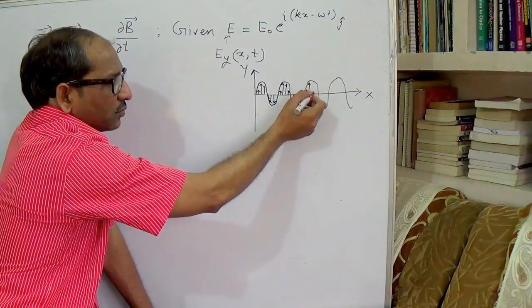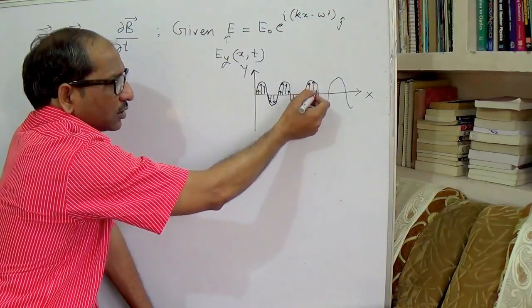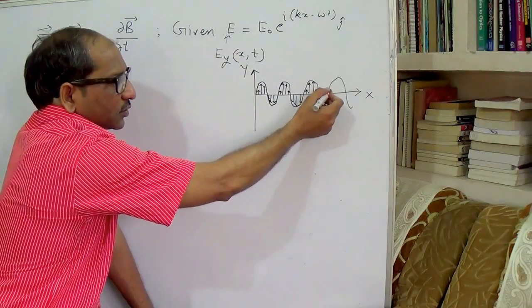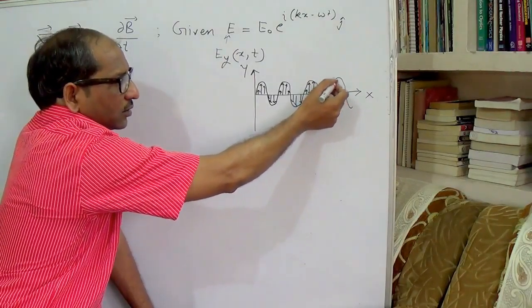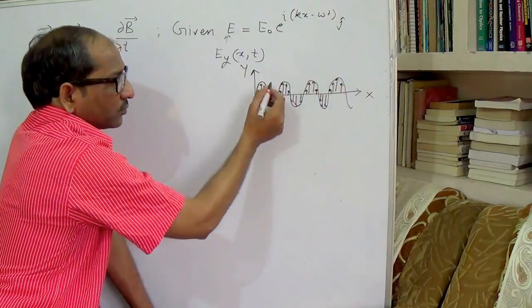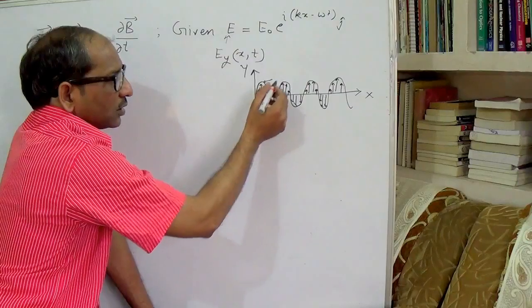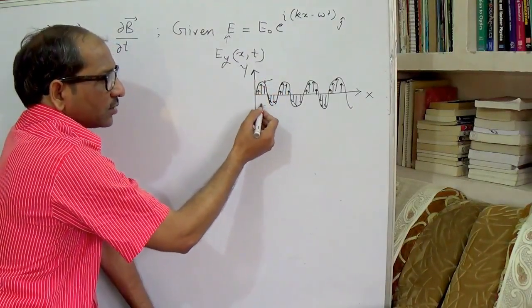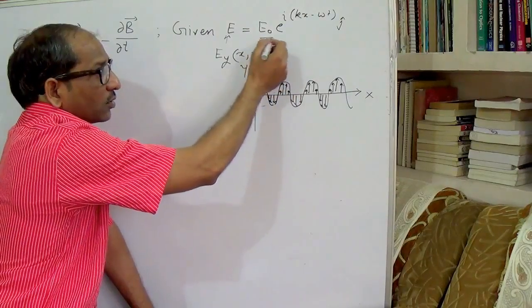These are the vibrations of the medium, and this is the maximum amplitude, this height of the vibrations on both sides. This is E naught.